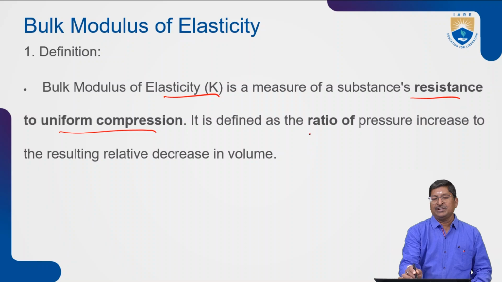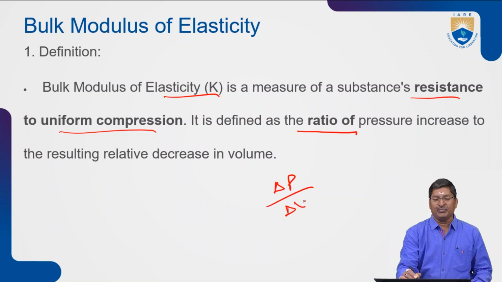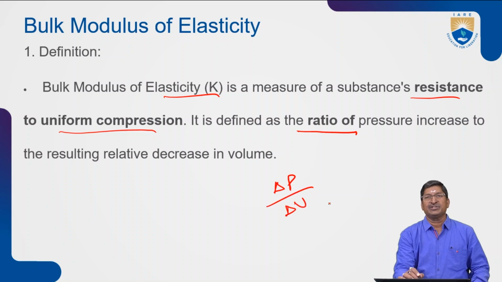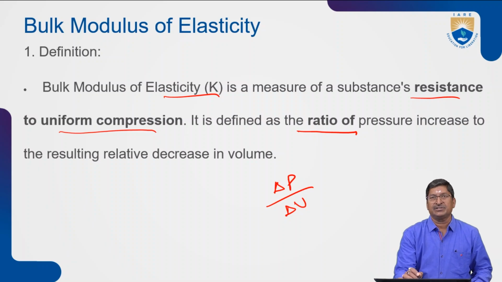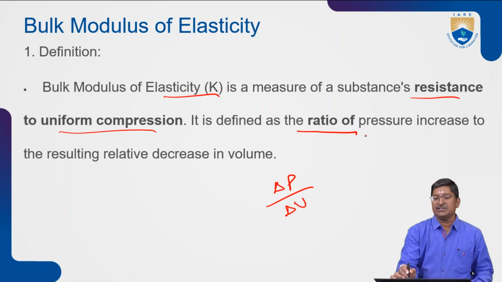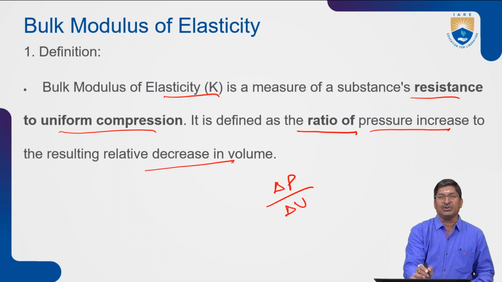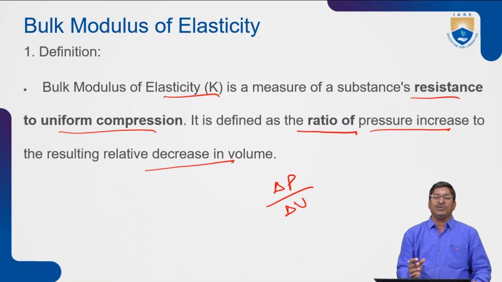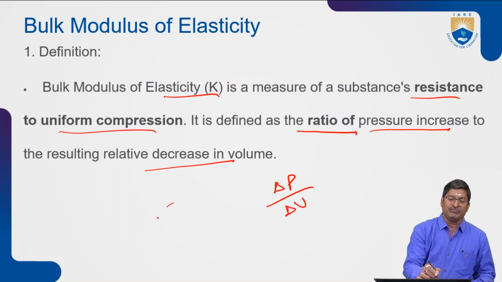In other words, it is the ratio of pressure related to the volume change, that means volumetric strain. This is the increase in pressure related to a decrease in volume. If you increase the pressure, the volume will decrease.